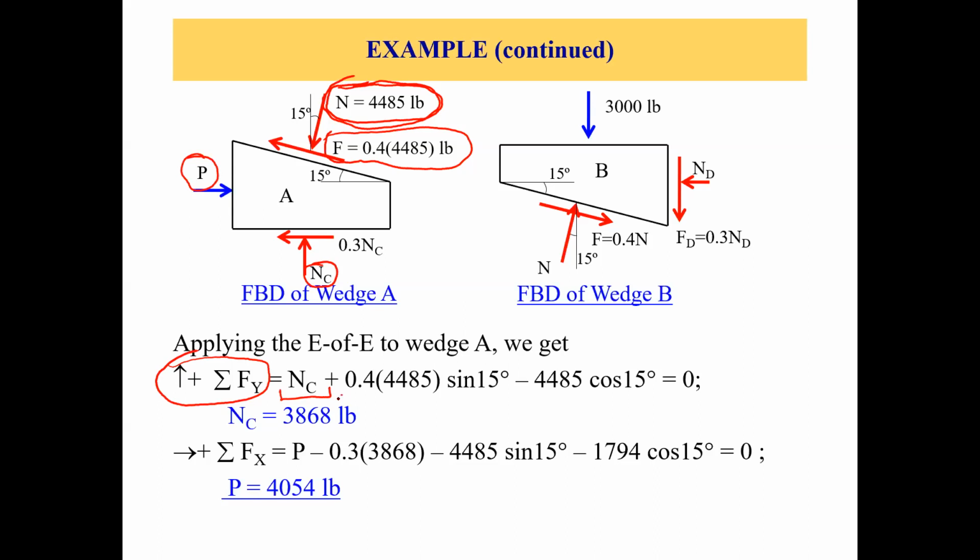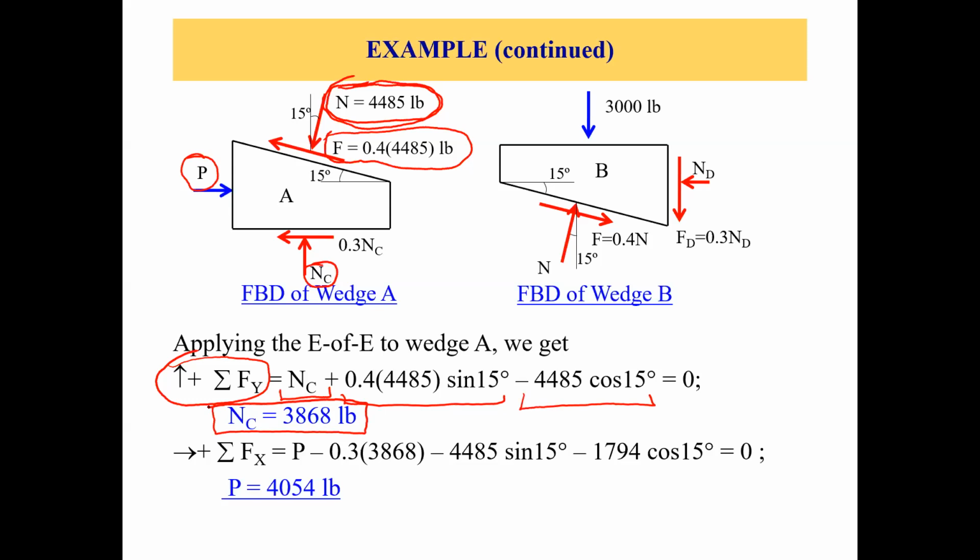And then we have the y component of the normal force acting on top of wedge A, which is acting downwards, so it's negative, equals 0. From here, we get n sub c equals 3,868 pounds. So now we got nc.